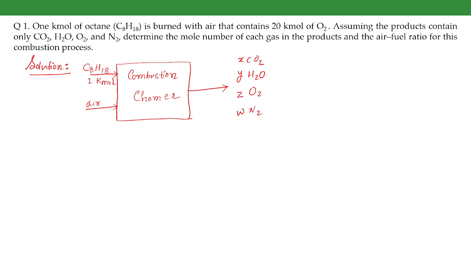So this amount of nitrogen will be essentially equal to 20 multiplied by 3.76 kilomole.